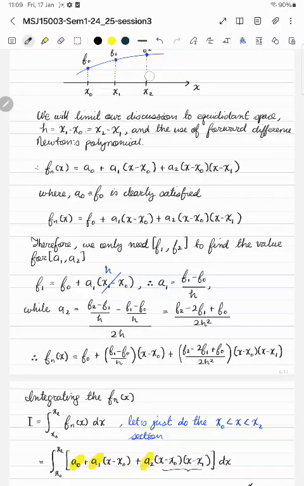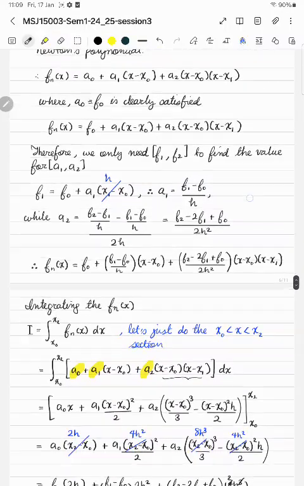So we are moving forward in the data nodes. Now clearly, if you just replace f(x) with x0, you will have f0 as the anchor, so a0 will be f0, and then all you have to do is find the value for a1 and a2 to construct the function.